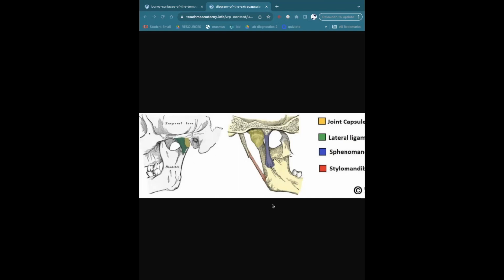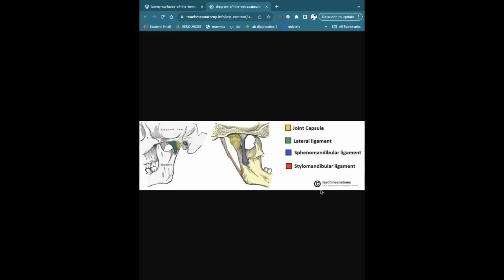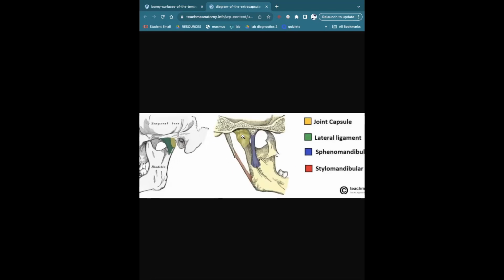The sphenomandibular ligament originates from the sphenoid spine and attaches to the mandible. And you can see here, that's the sphenoid spine right here, and it goes down to attach to the mandible, okay?